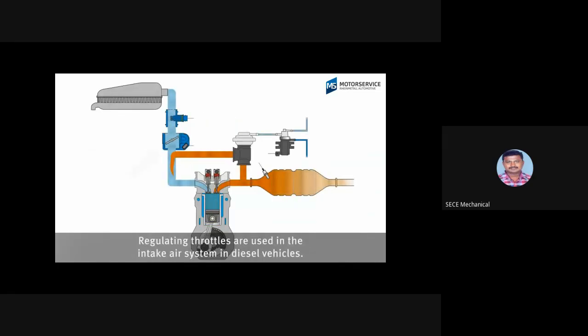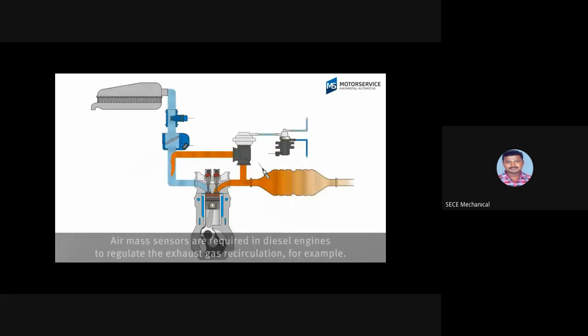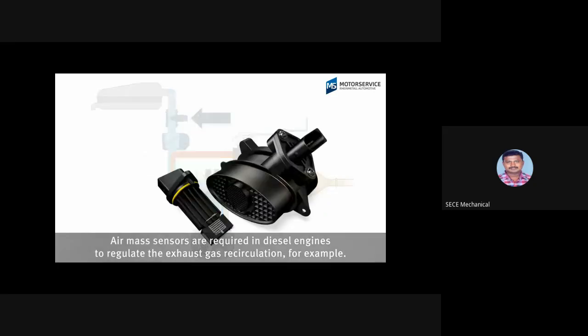Regulating throttles are used in the intake air system in diesel vehicles. They generate the pressure difference required between the exhaust gas side and intake side to achieve the necessary high exhaust gas recirculation rates. Air mass sensors are required in diesel engines to regulate the exhaust gas recirculation, for example.